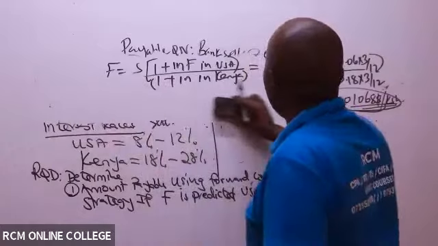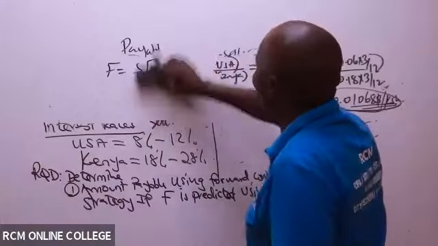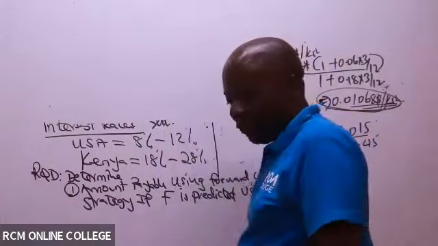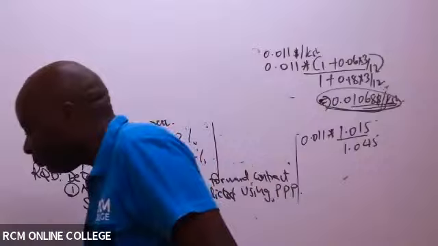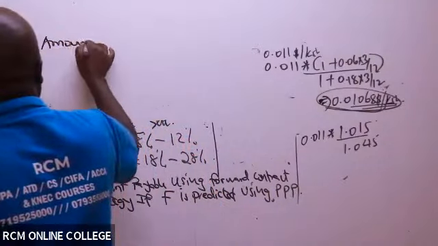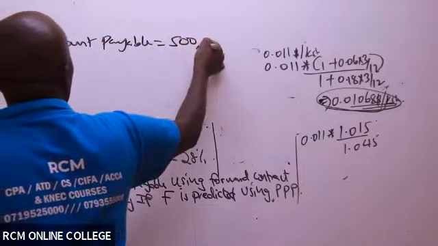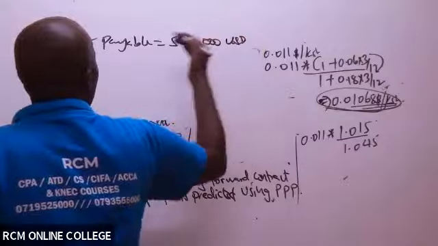All right, my good students. Now forward contract. Let's now use this forward contract to get the forward contract amount. So the amount payable is 500,000 US dollars.